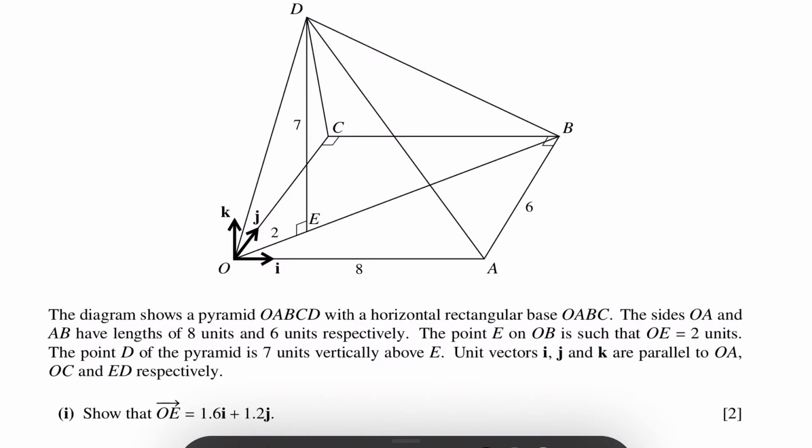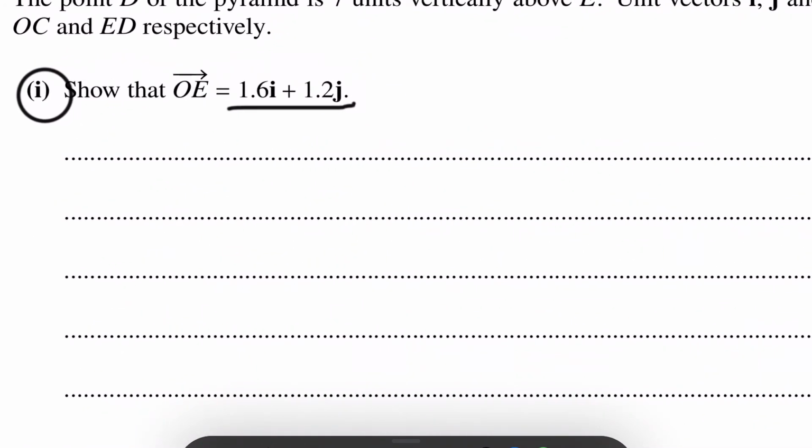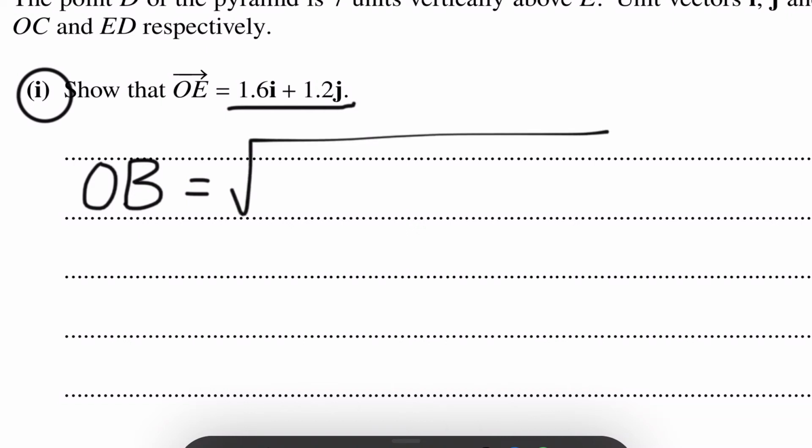For the first question, you need to show that OE is equal to 1.6i plus 1.2j. So what you need is the vector OB, so that you can find OE. What you can do is to find the length of OB first, so you know the ratio between OB and OE. So the length is the square root of 8 squared plus 6 squared.